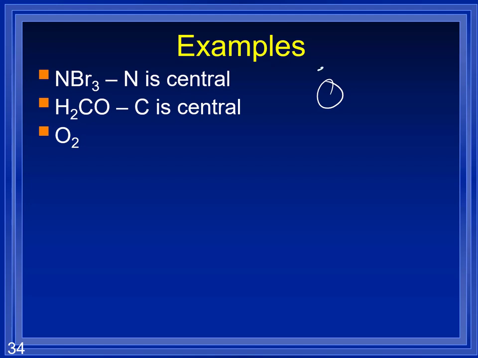Well, O has 6 dots. The second O has 6 dots.